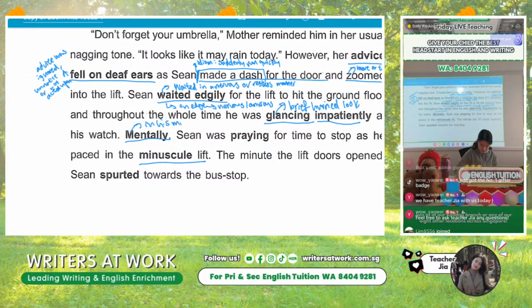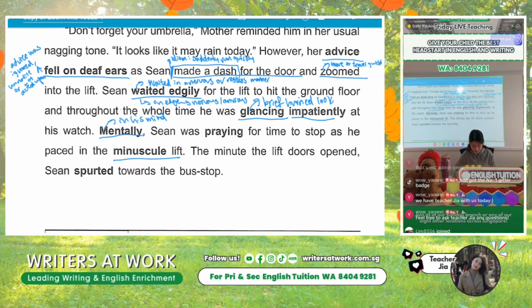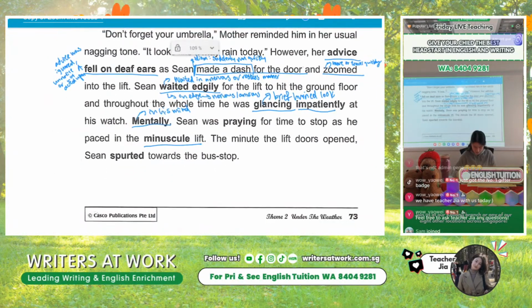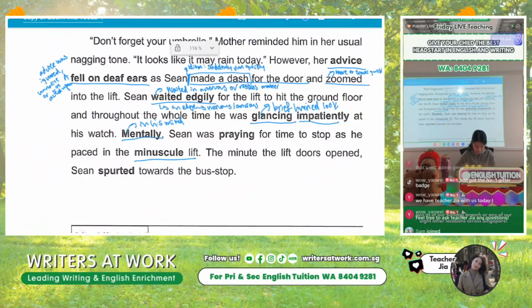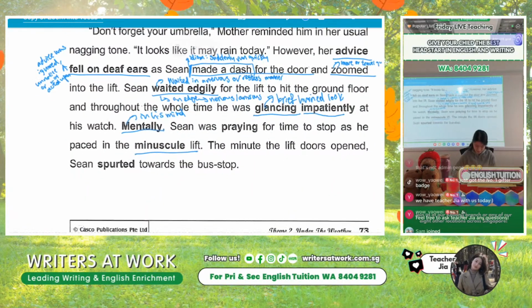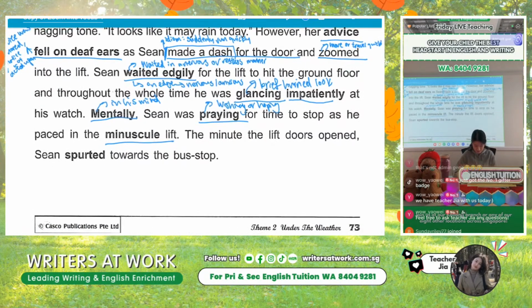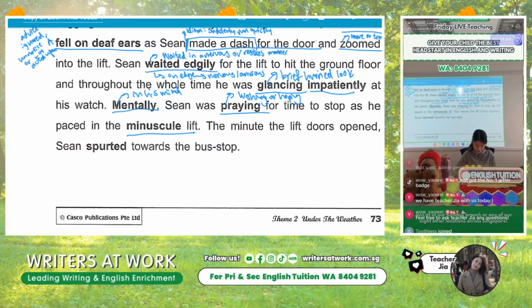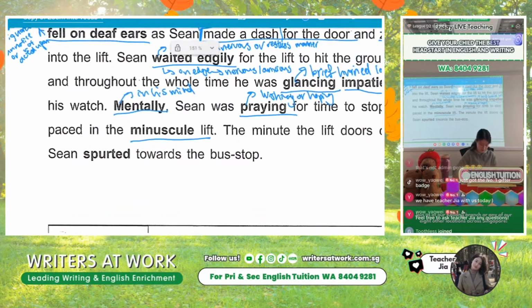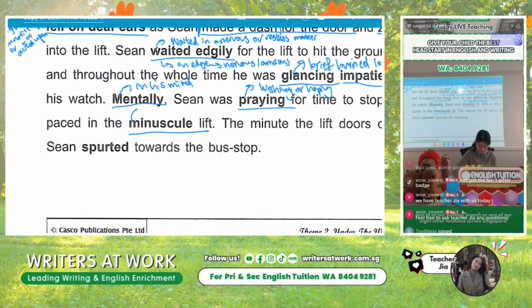So you could use in his mind as well. In his mind, Sean was praying for time to stop as he paced the minuscule lift, or you could say mentally, Sean was praying. Okay, both are okay. Sean was praying. Okay, now when we say praying, it means that someone is wishing or hoping. Okay, he's asking God for help. God, please make time stop. Please let me be able to get to school faster.